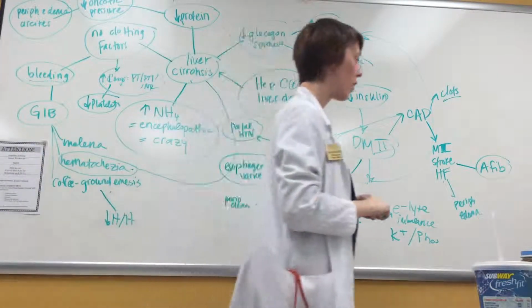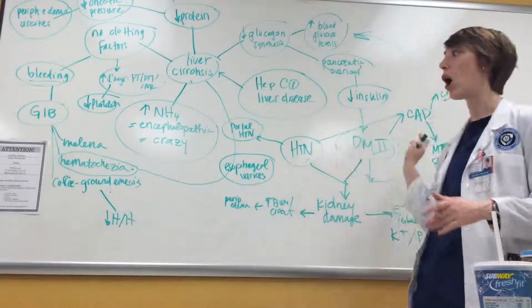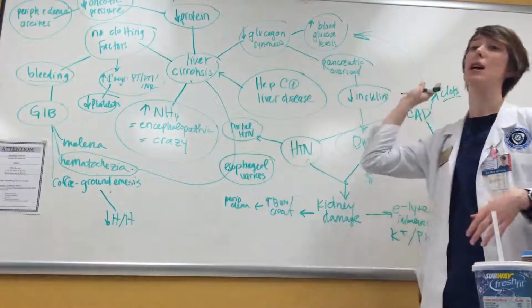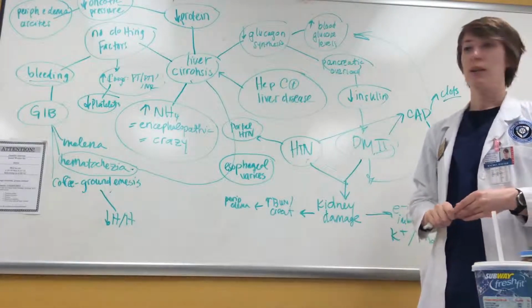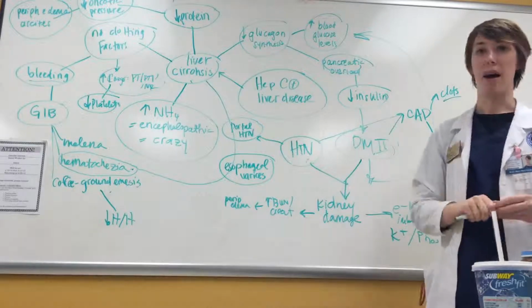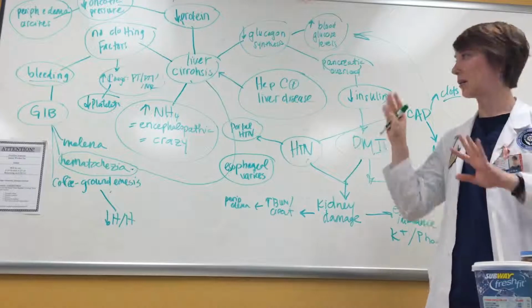Well, they're not screwed, they're just sick and at risk for being sicker, depending on how bad all of these factors are. If they're well controlled, they can be comfortable and happy and relatively healthy. True. So this is a patho concept map. It's a little messy. If I were to turn it in, I would probably organize it a little better.